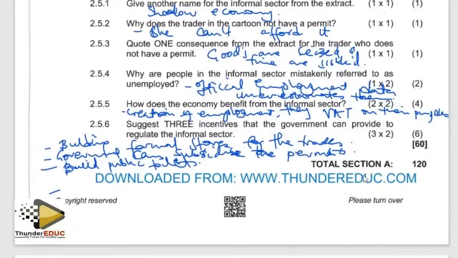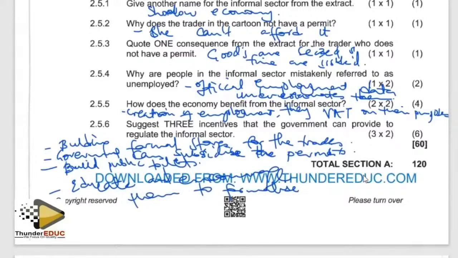Then we can also talk about educating them and encouraging them to formalize their businesses. Maybe some of them do not know.